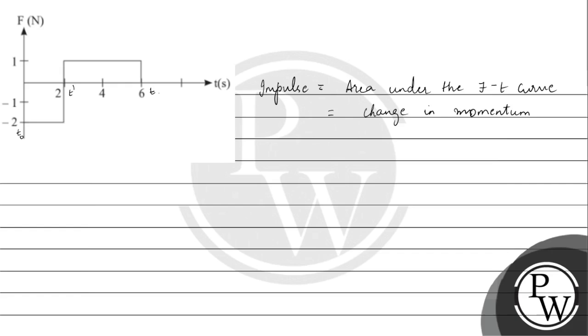So we can split this area under the curve in the following way. The area under the curve between zero to 6 seconds can be written as follows.